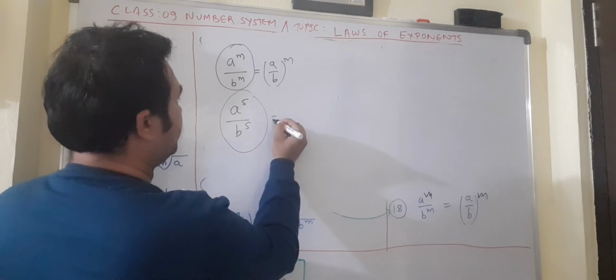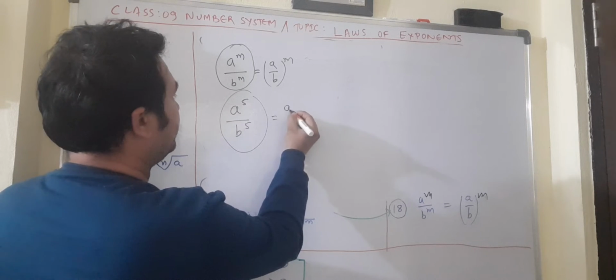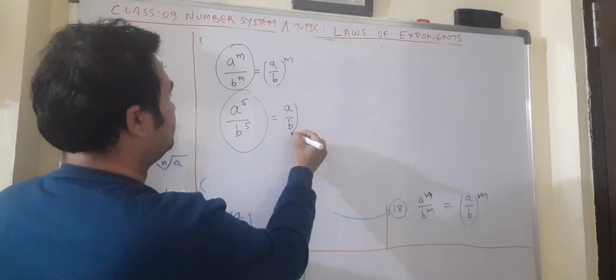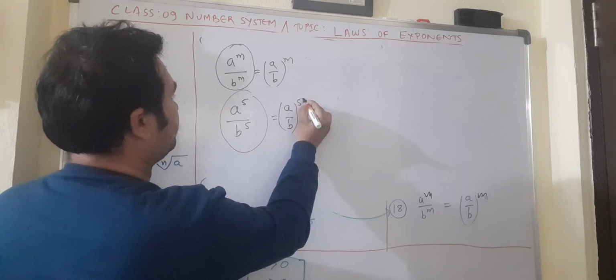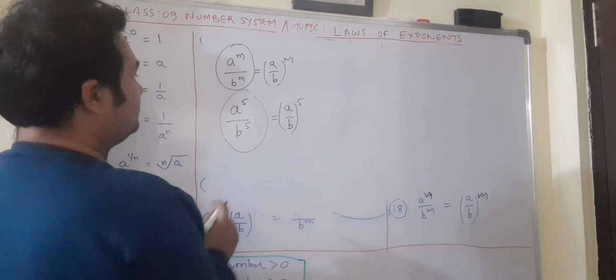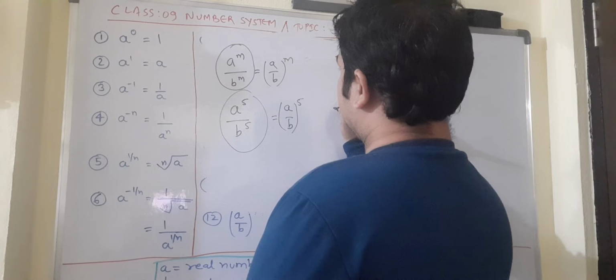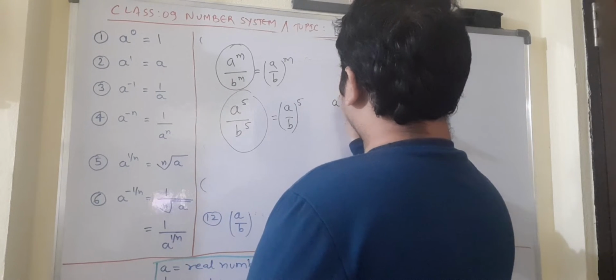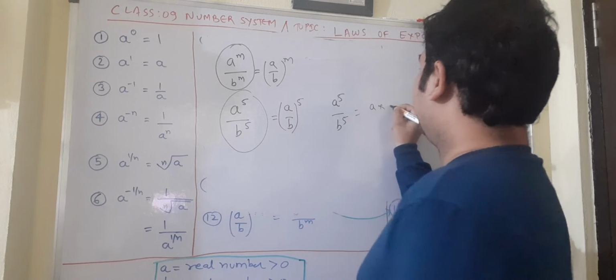So as per the law of exponents, a by b should be common and the power should be the common power, that is 5. So let us see whether it happens or not. If you take a to the power 5 and b to the power 5, a is repeating how many times? 5 times.